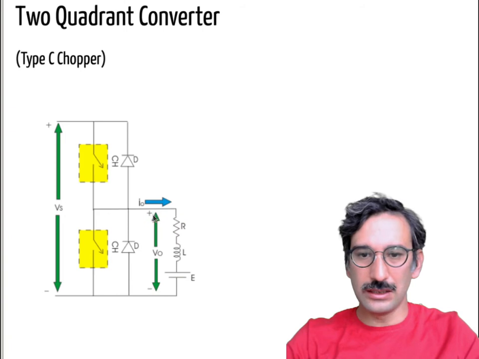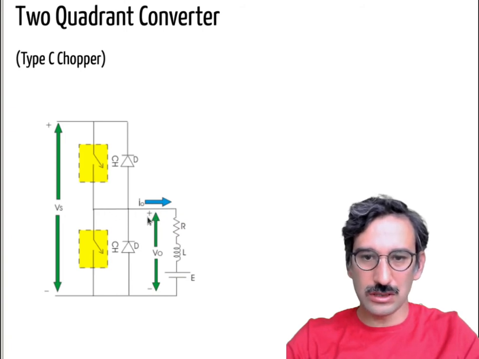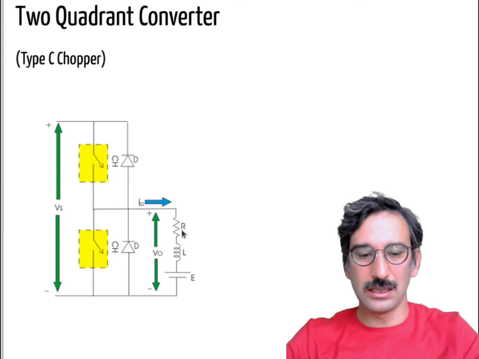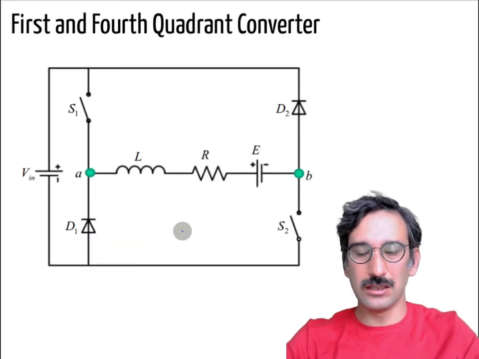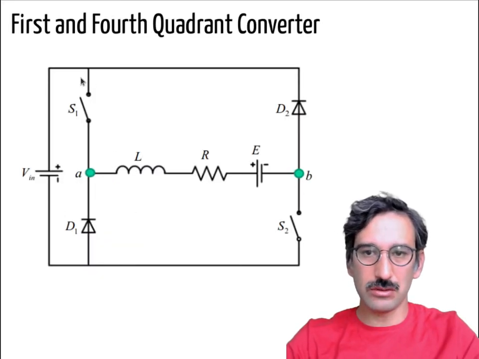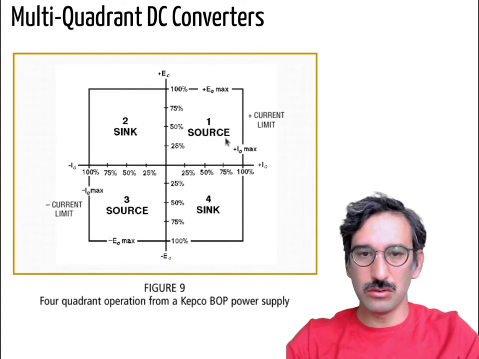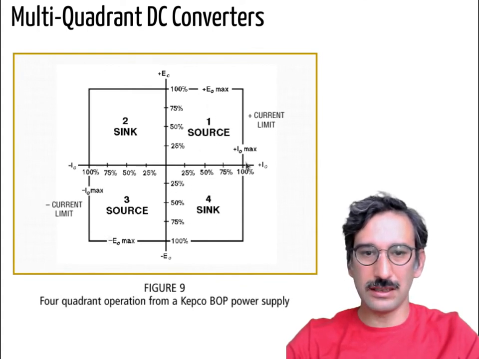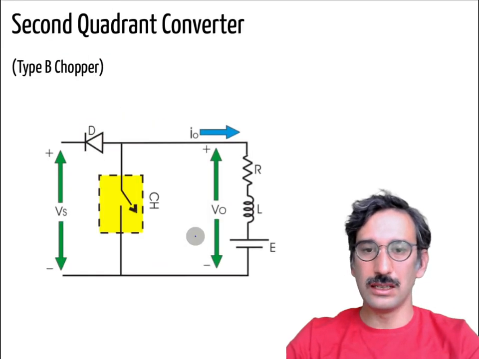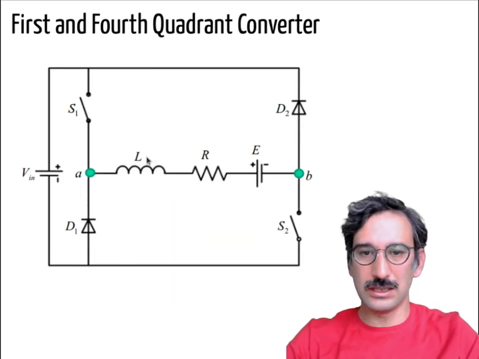If you connect here, you can apply positive voltage, but the current can flow in both directions. So here you have the first and fourth quadrant converter. Let me go back. The current direction is the same, but you can generate positive or negative voltages with that one.